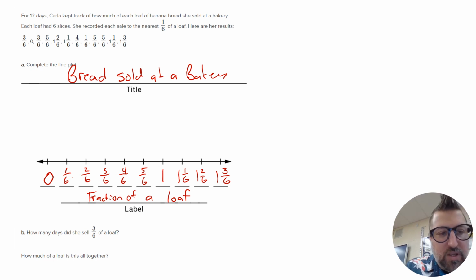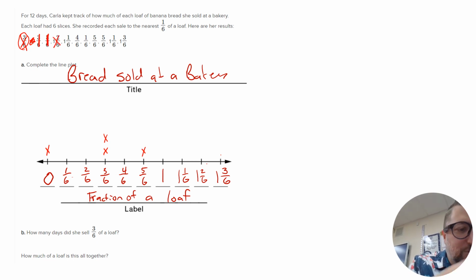So what I'll do here is I'm going to go up to my very first fraction of a loaf sold, which was 3/6, and I'm going to put an X above 3/6 on my graph. For the 0, I'm going to do the same thing, put an X above it. And I'll cross it off up here and put an X down below on my graph as I go.